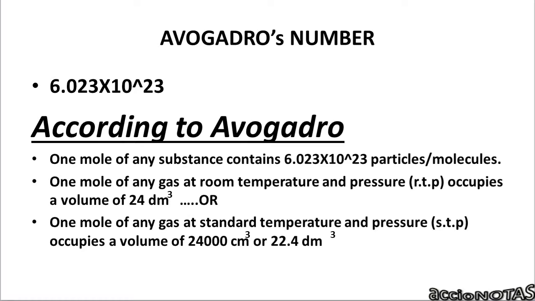So 1 mole of any gas at room temperature and pressure occupies a volume of 24 dm³, or 1 mole of any gas at standard temperature and pressure occupies a volume of 22.4 dm³ or 22,400 cm³.